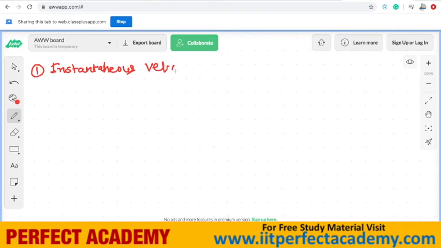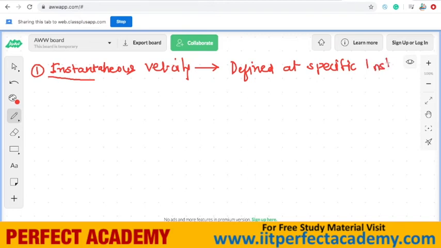Now what do you mean by instantaneous velocity? The name itself suggests instantaneous velocity is the velocity defined at a specific instant of time. Okay, so always remember it is defined at a specific instant of time.